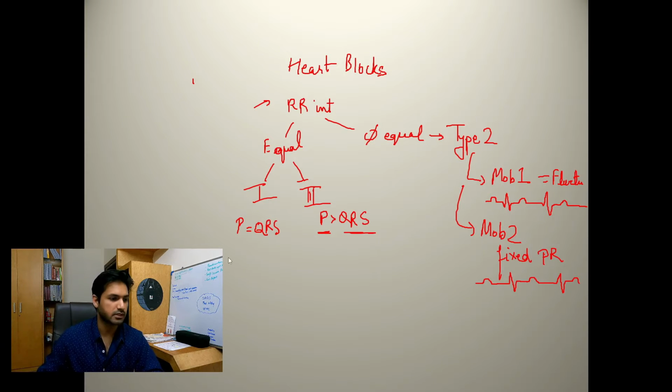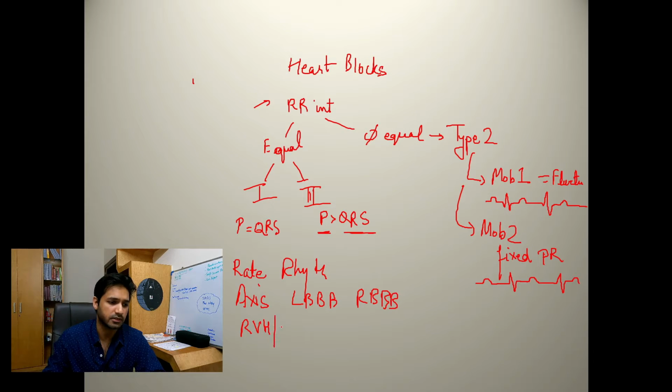All right, so let me just summarize what we have done so far. We have talked about the electrophysiology of the heart, how the waves are produced. We have talked about how to calculate the rate, the rhythm that you already know, axis, how to differentiate between an LBBB and an RBBB, and RVH and LVH, the left leaves and right reaches, and how to approach heart blocks.